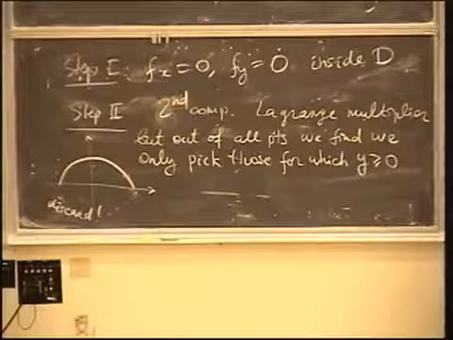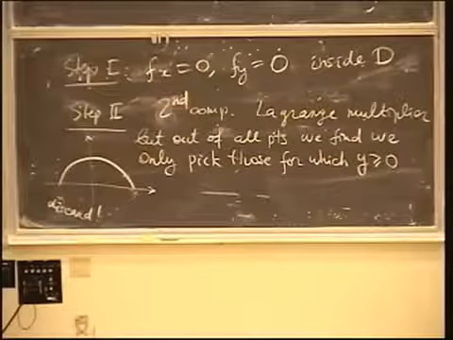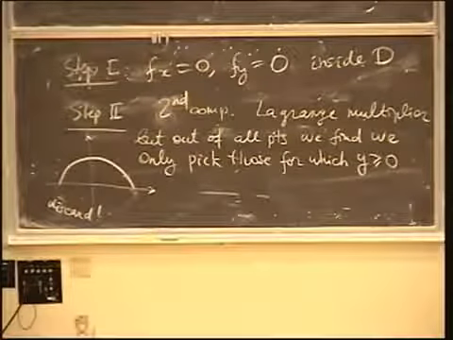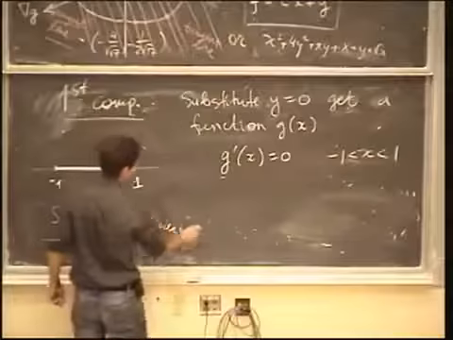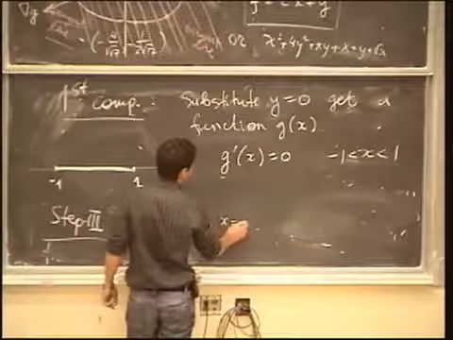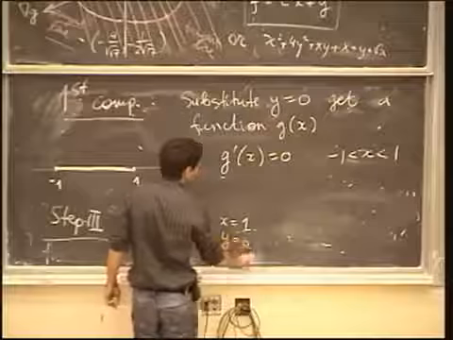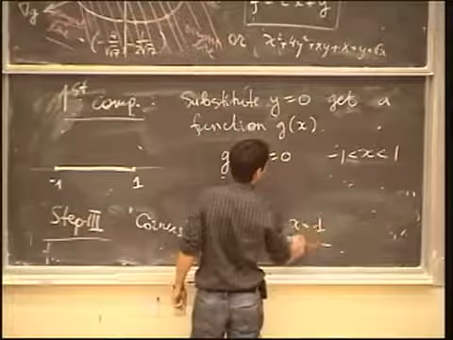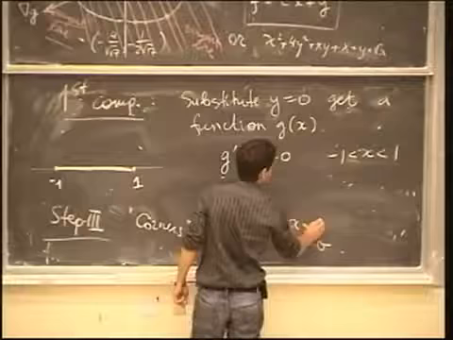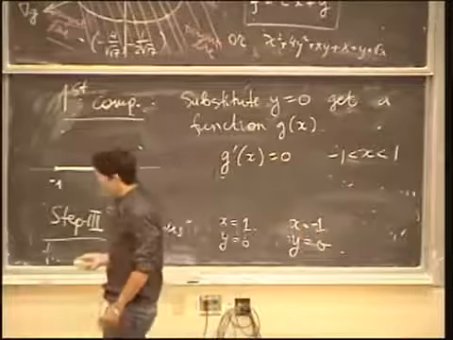So I personally would just take the 2 corners separately. So that's x equals 1, y equals 0, and x equals -1, y equals 0. So put them on your list.